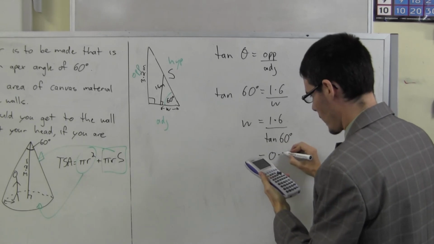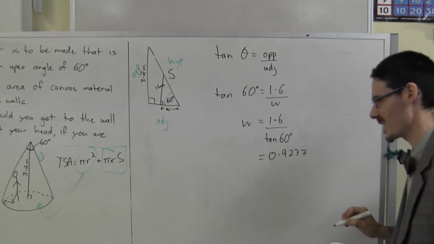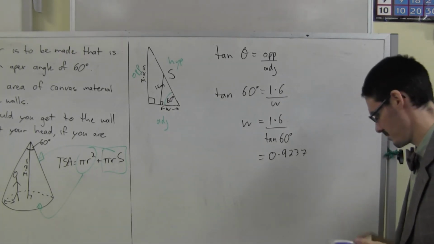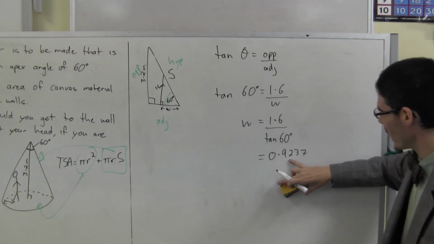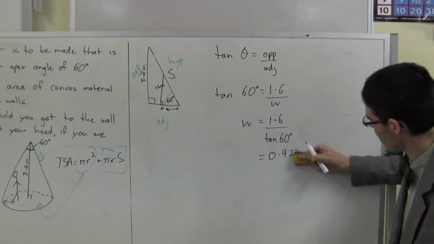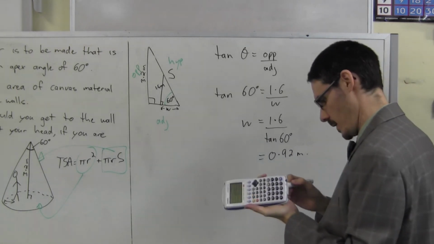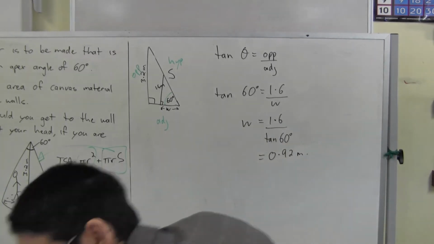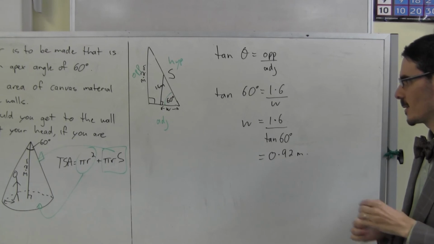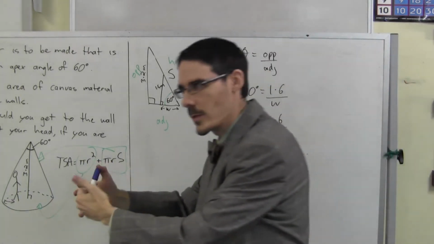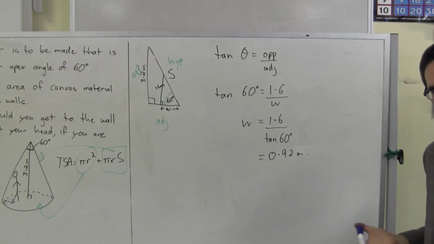It's 0.9237. I probably don't need that much, do I? Metres. I reckon centimetres is good enough for how close I can get to a wall. That'd be here. This one is less, 0.92 metres. So I can get 92 centimetres away from the wall before I bump my head. That's the second problem.